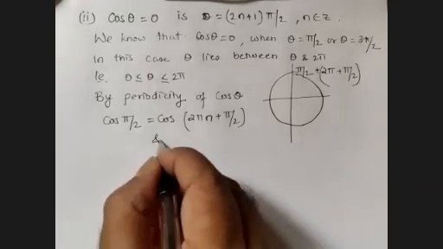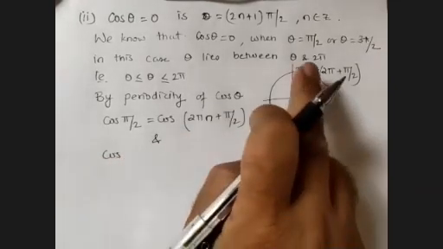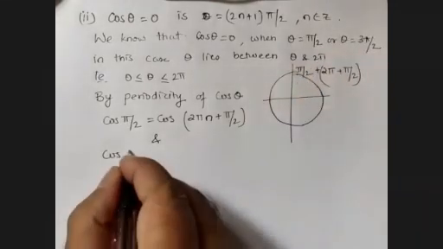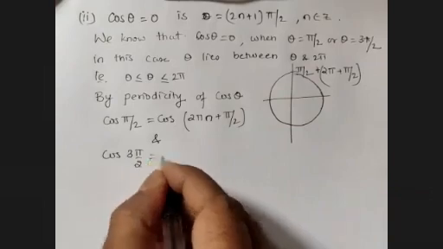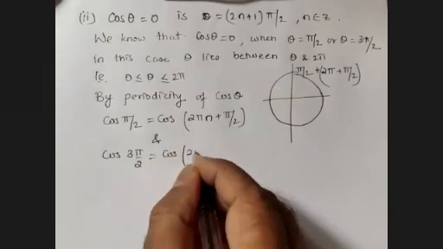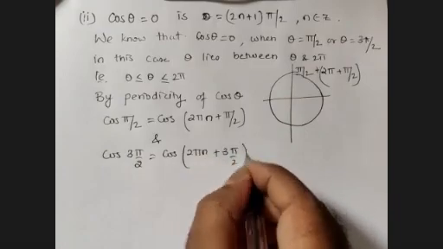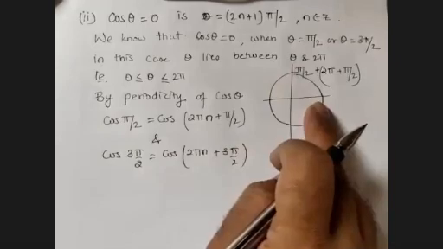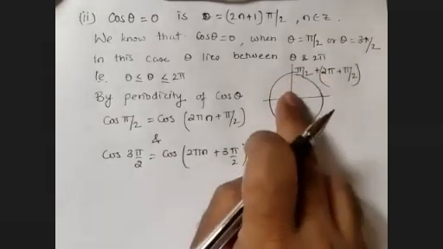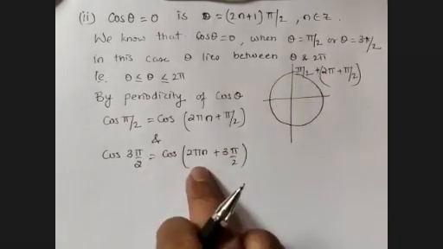And if we talk about cos of 3 pi by 2, so the value is similar to 2 pi n plus 3 pi by 2. Again 2 pi plus 3 pi by 2. For every circle the value of 2 pi will be added.